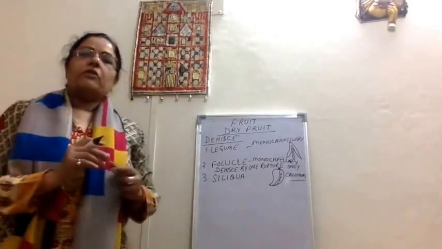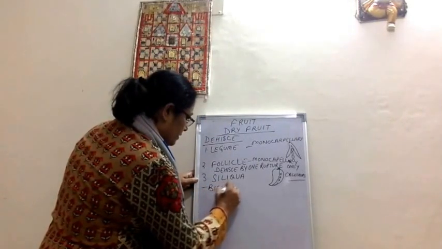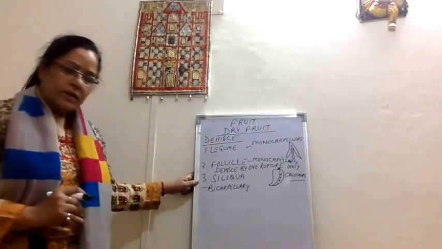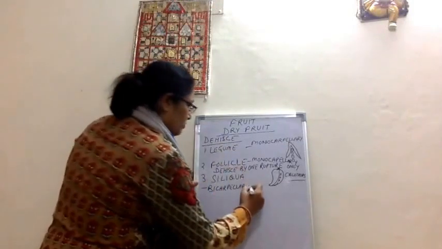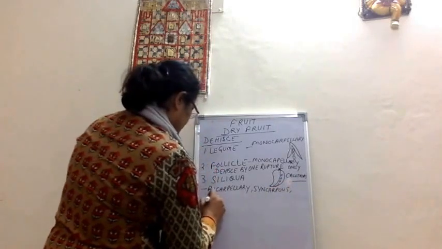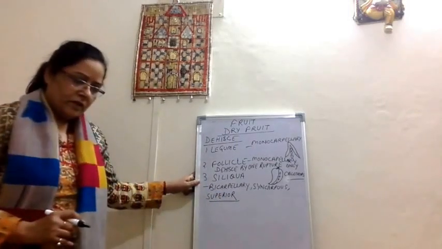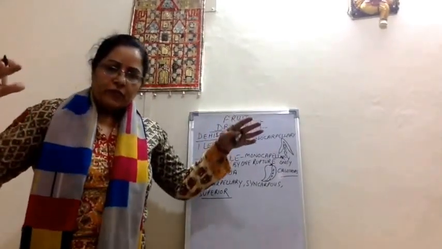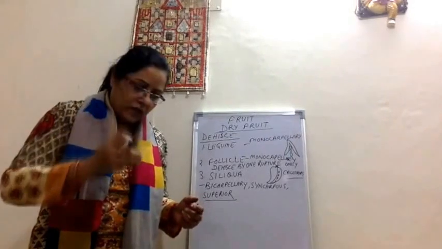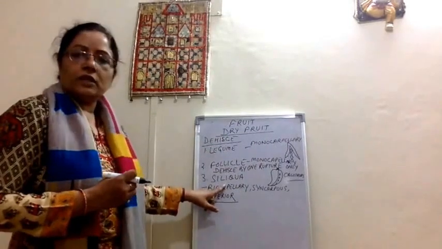Siliqua develops from a bicarpellary condition. Bicarpellary, syncarpous, superior ovary. This also splits in two valves, but the ovules or the seeds are arranged along the false septum. This is the difference between legume and siliqua.